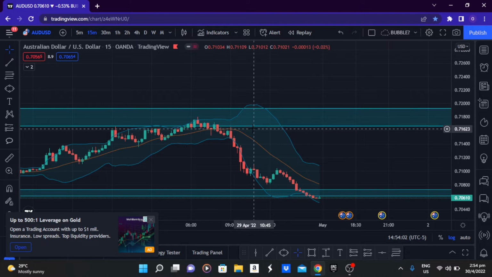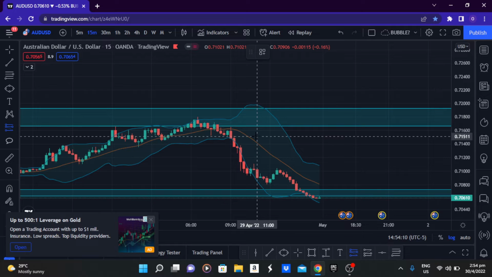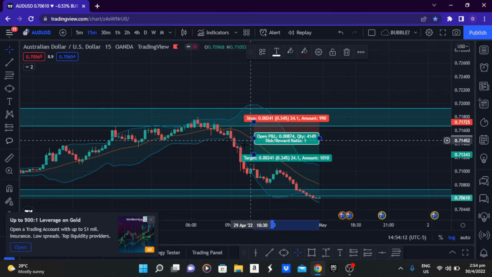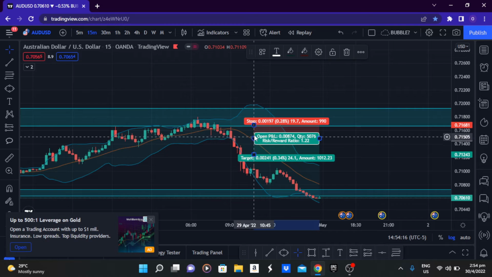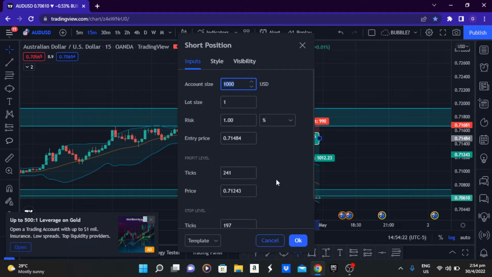What I would do is wait until this candle here closes, and then I'll enter. I'll enter around here, like right here. And let me just edit everything here for you guys.